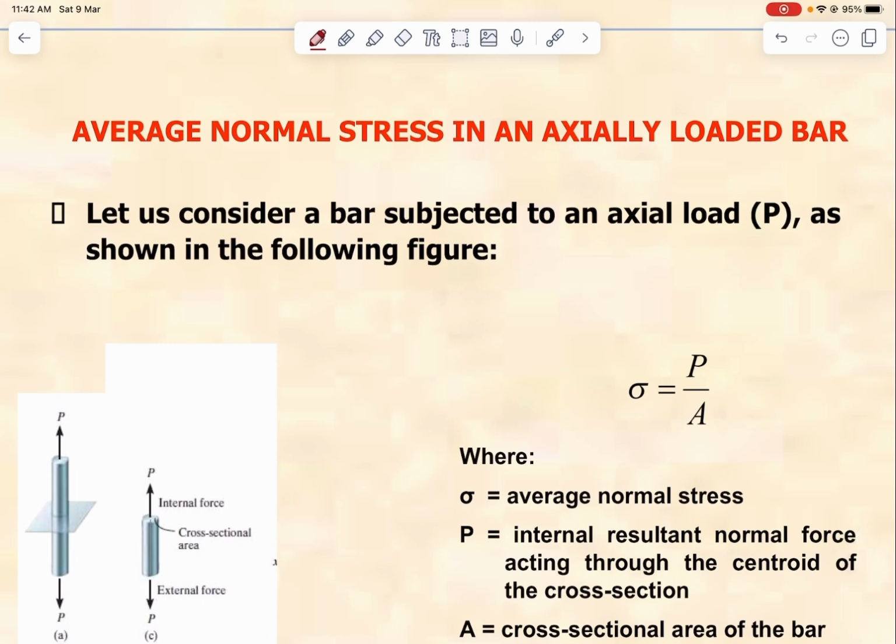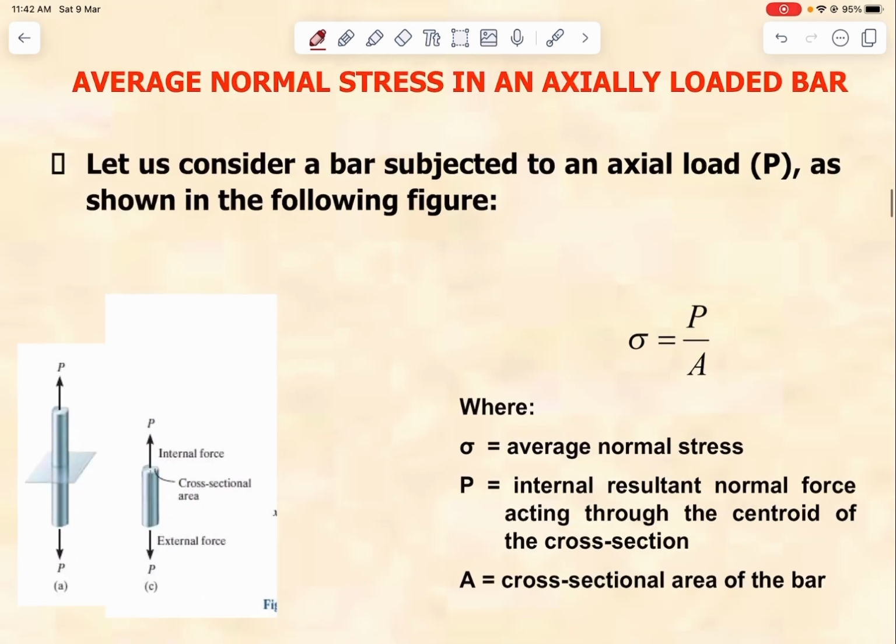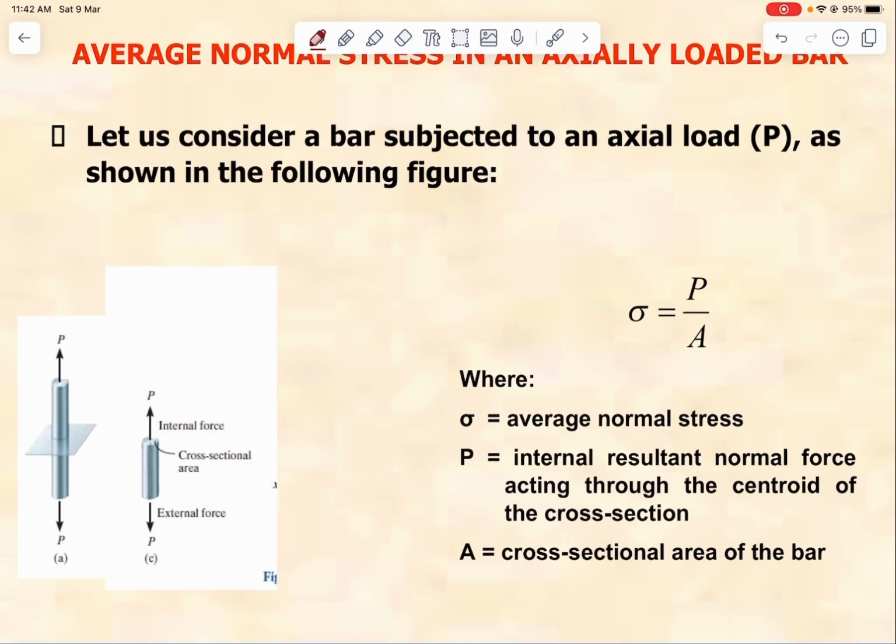Okay, now first we will start with the average normal stress on the loaded bar. So let's consider a bar subjected to an axial load shown in the following figure. Normal stress comes in two forms, either tension or compression.